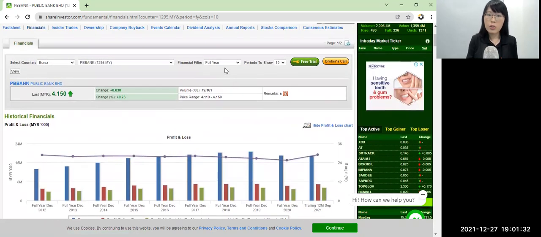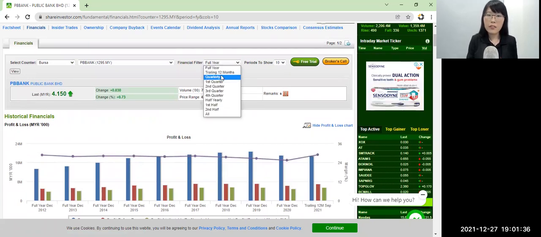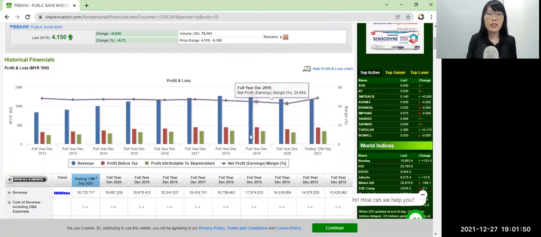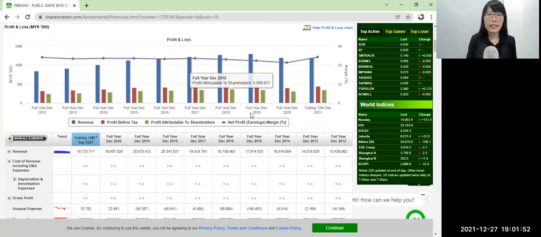Then you also can choose whether you want to see the full year result, quarterly result, or first half or second half. Okay. In this case, we click on full year result as an example. Then you can click on view. It will show you this data. So in this case, you can find 10 years of data for Public Bank.